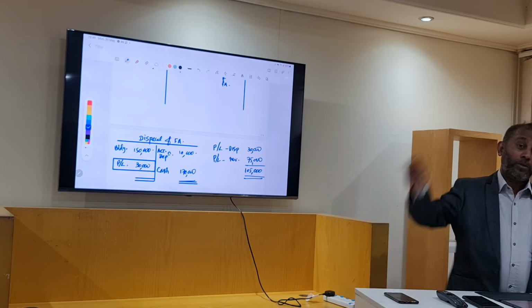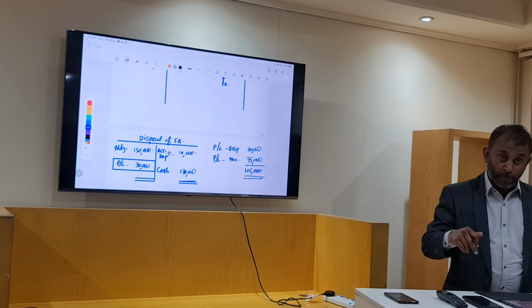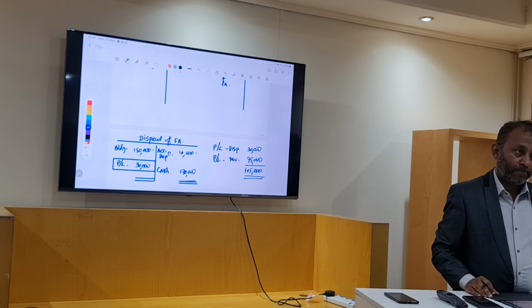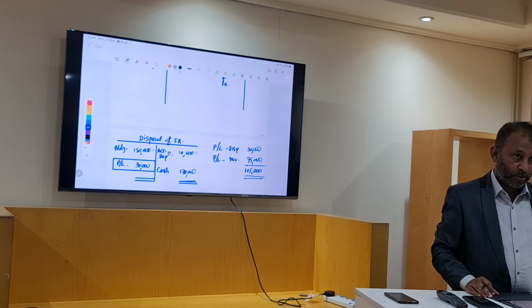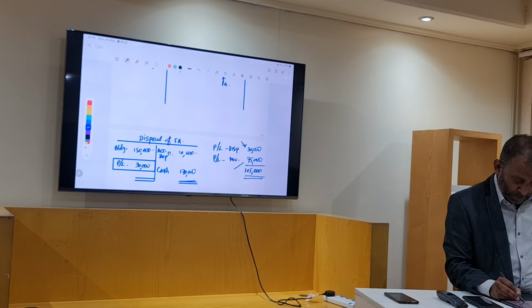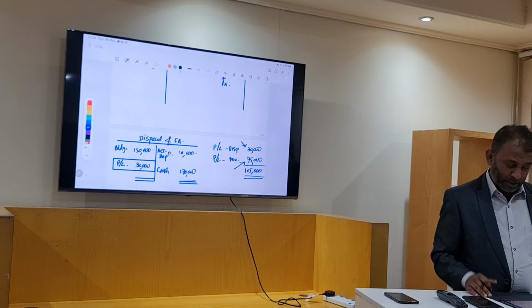It should be able to be distributed to the owners. So you transfer from OCI to profit or loss. This will be directly from the disposal, because we have closed that asset. So the total profit is 105,000.